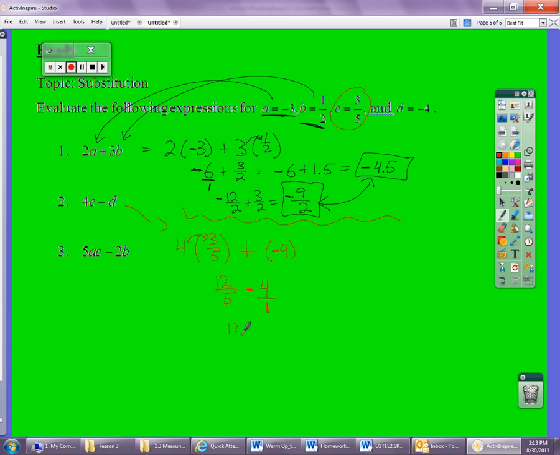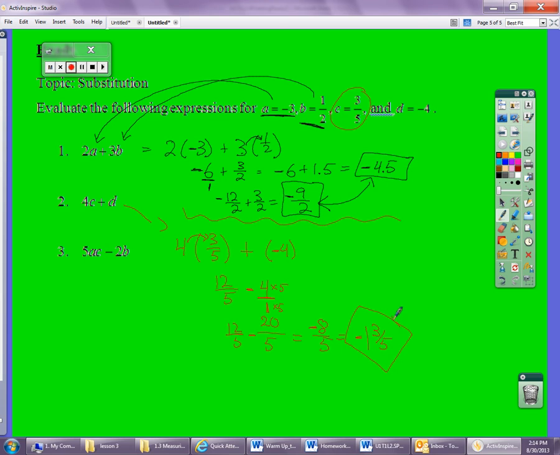So this is going to be 12 over 5 minus, I'm going to multiply this by 5, so that has a denominator of 5. That's going to be 20. And then 12 minus 20 is going to give me negative 8 over 5. And we know that negative 8 over 5 is negative 1 and 3/5.